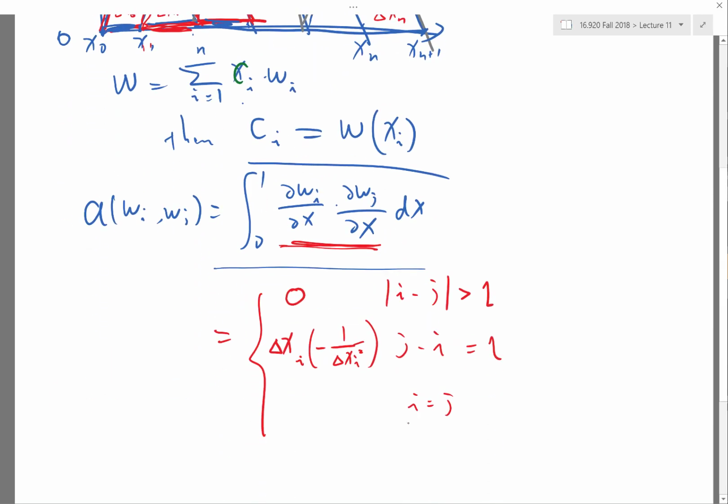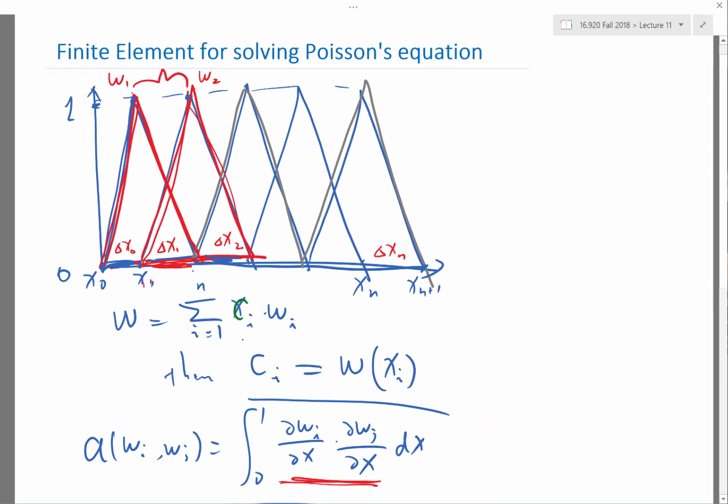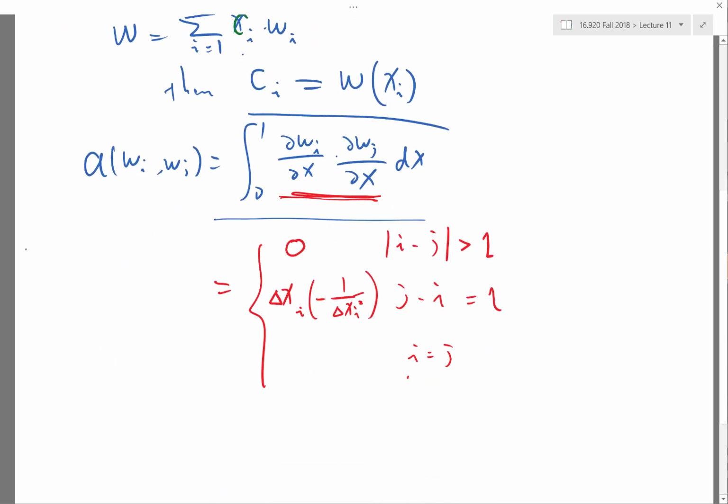So if i is equal to j, we are going to be integrating over the domain of i minus 1 and i. The derivative in i minus 1 is 1 over delta x i minus 1, squared and multiplied by the size of this domain, delta x i minus 1, because it's an integral.